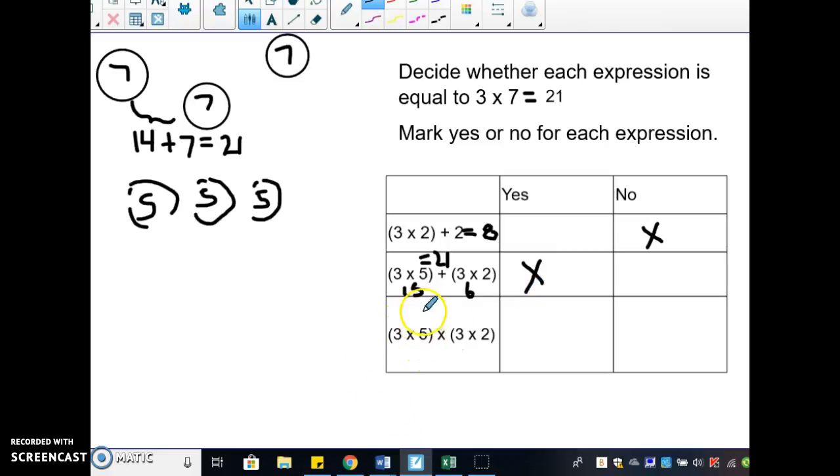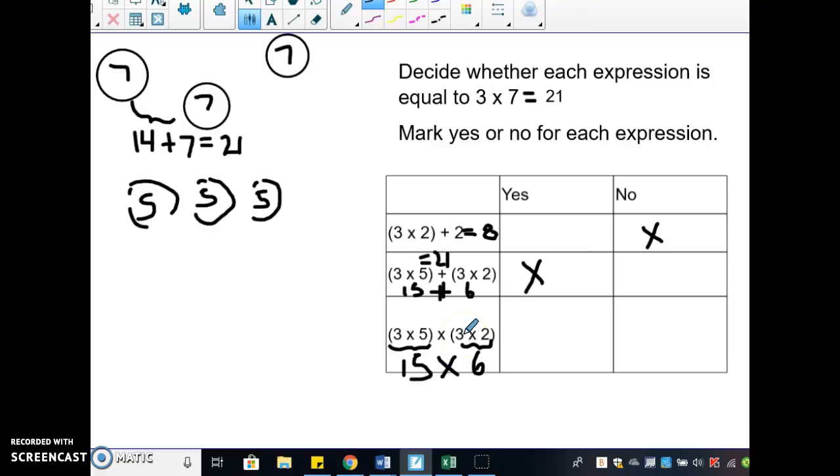Wait a minute, we already know that 3 times 5 is 15. And then we know that 3 times 2 is 6. Oh, but the last one was adding, 15 plus 6, but now it's 15 times 6.